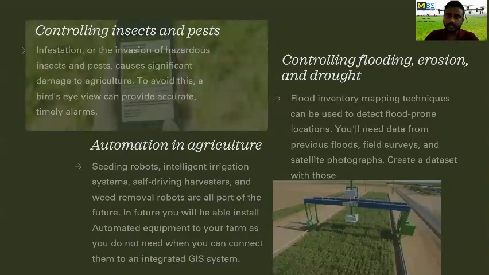So controlling insects and pests is another solution, and also controlling flooding, erosion, and droughts.